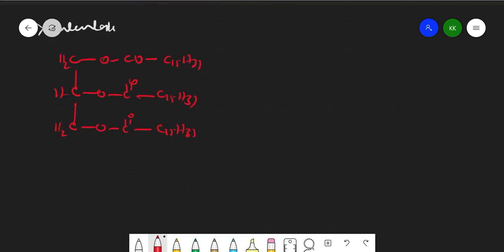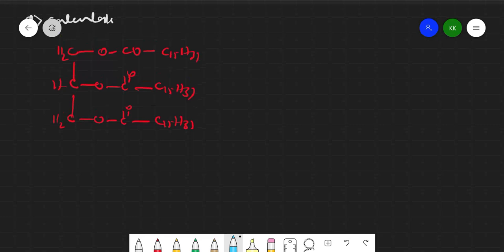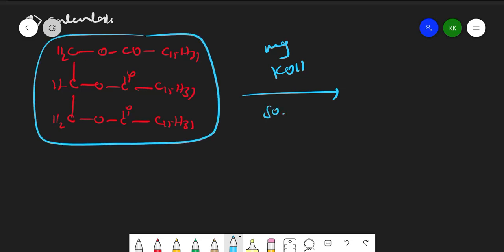So the saponification definition is the number of milligrams of KOH required to saponify this ester or the oils and soaps, right?